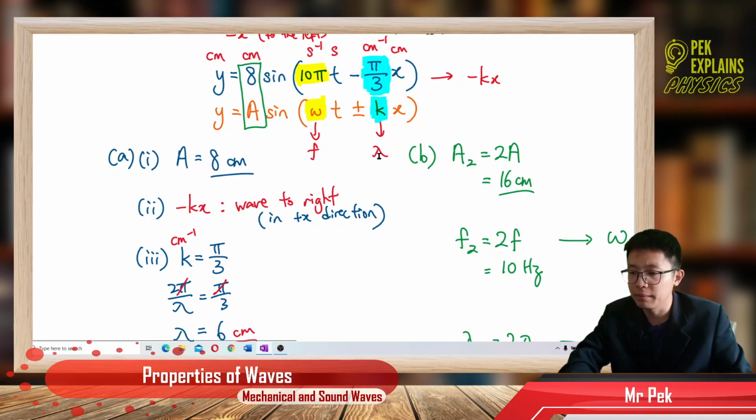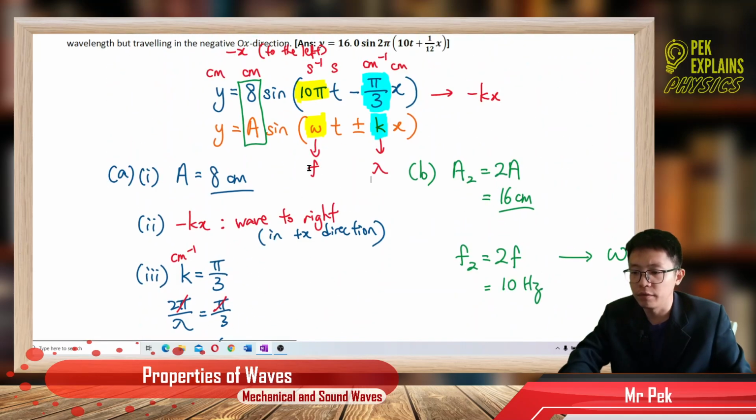Once you have these two, frequency and wavelength, you get the wave speed by frequency times wavelength.